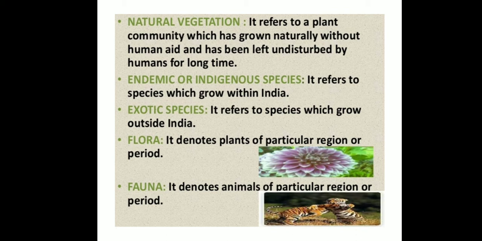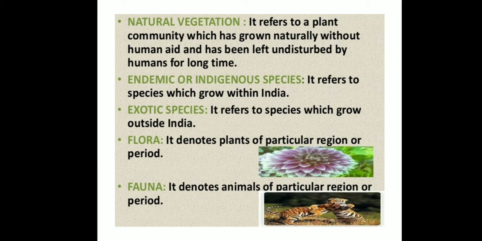That means, children, that whatever plant species grow in our country are called indigenous species, and the plants which do not grow in our country and are brought from outside the country are called exotic species.